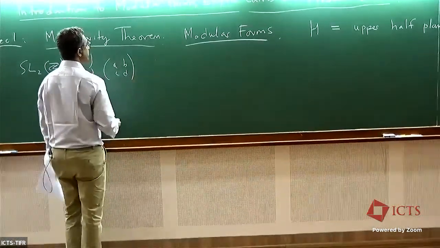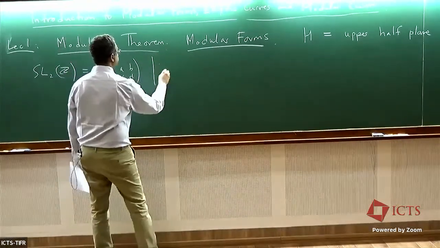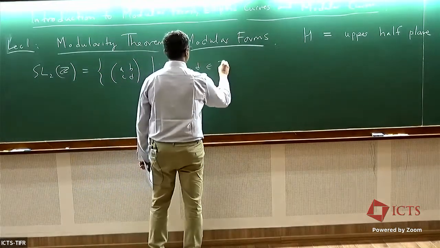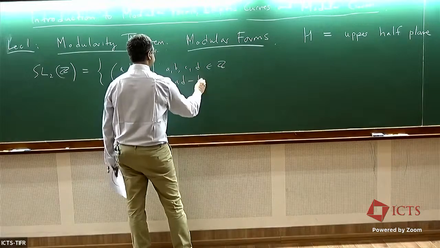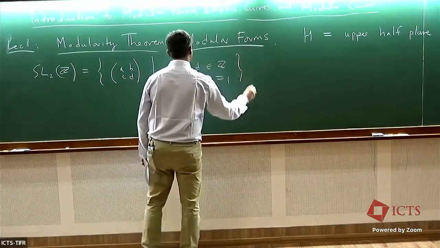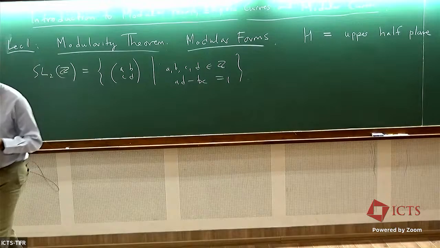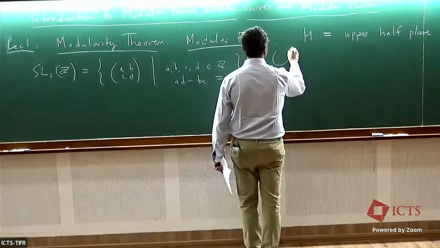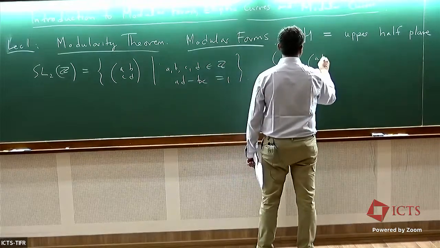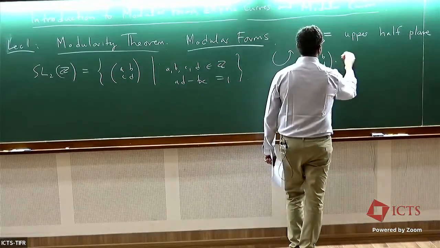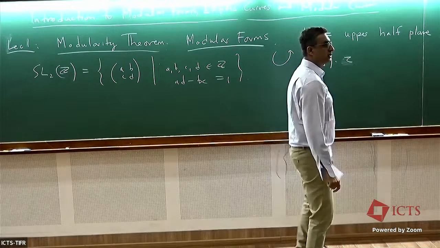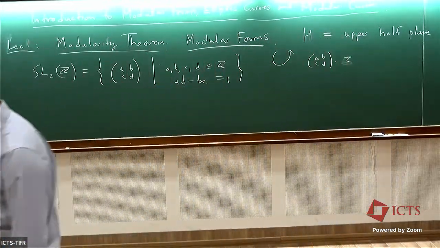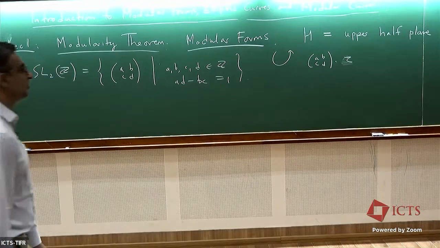It's all matrices with integer entries and determinant equal to 1. It's a group. This acts on the upper half plane via, well, you know this. Okay, I think I need to write tau to follow Diamond-Shurman. I might switch to z's or Z's, depending on which country you're living in at some point. So make sure I go back to taus.